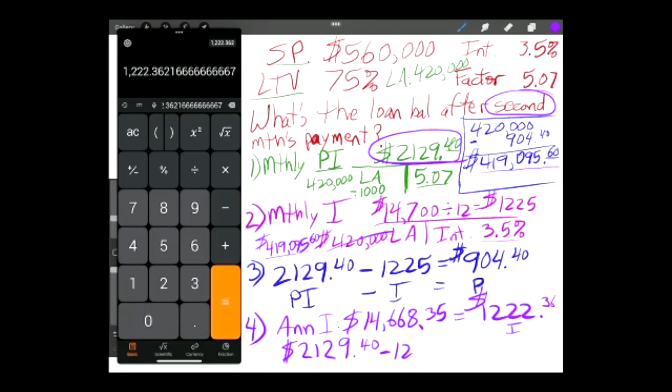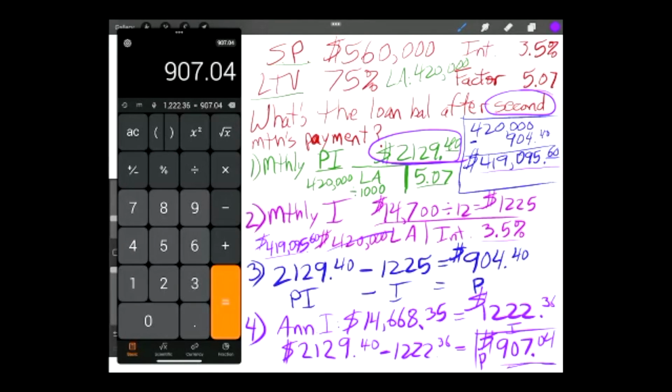Subtract that 1222.36. So after the second month, our principal was reduced by $907.04.